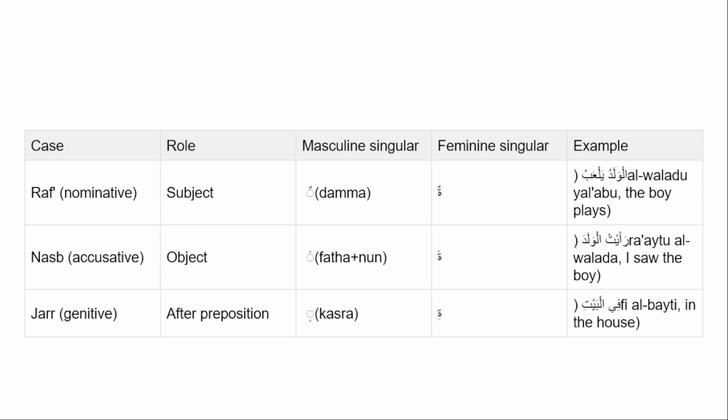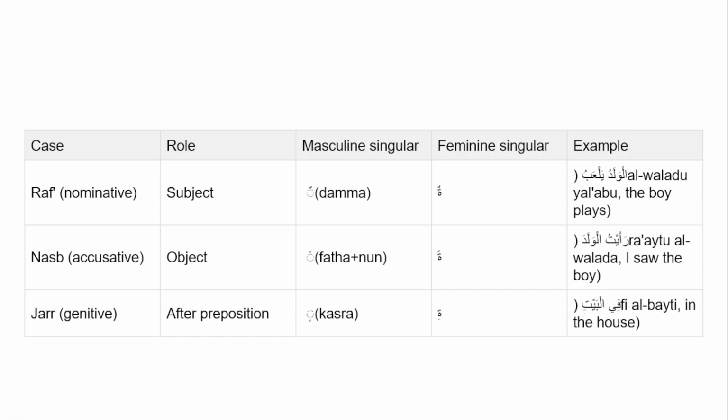Moving on, next we'll discuss raf', nasb, and jarr. Mostly it means subject, object, and what we use after a preposition. Dhamma, fatha, and kasra are what in Arabic are called raf', nasb, and jarr. An example would be al-waladu yal'abu, the boy plays.